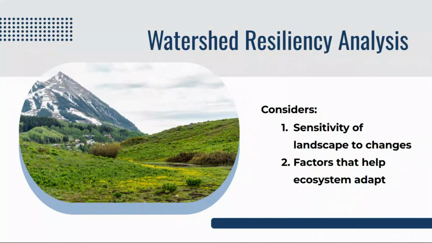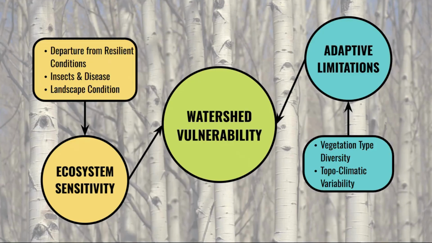So the resiliency analysis looks at the sensitivity of the landscape to changes like climate change, and then factors that help the ecosystem adapt to those changes. We were calling this the climate change vulnerability index, and we decided to change it to watershed vulnerability because of the current climate conditions.